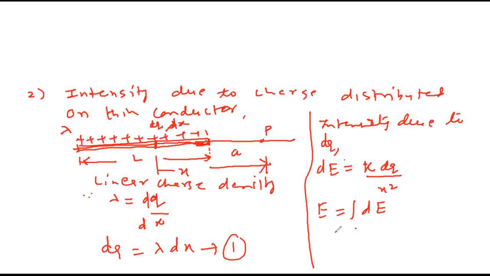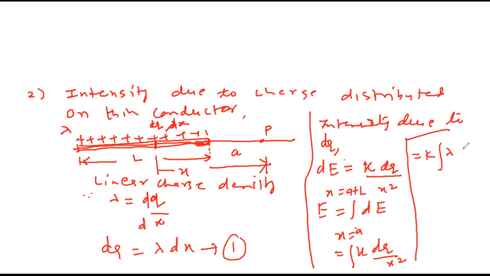Nearer end is x equals a and far end is x equals a plus l. So this is the integration of k dq upon x squared from the nearer to the far end. K constant, lambda constant, integration of dx upon x squared. That x squared goes up, it will become minus 2. What is the integration of x raised to minus 2?